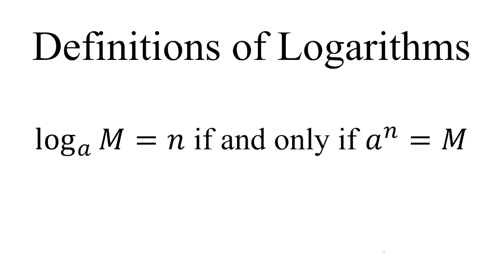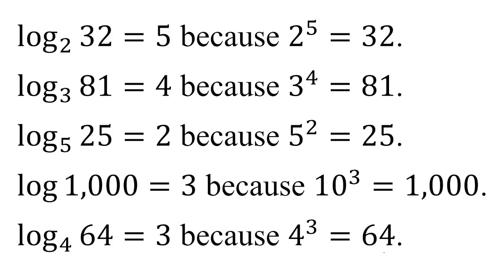So to further illustrate the definition of a logarithm, log base 2 of 32 is 5 because 2 to the 5th power is 32. Log base 3 of 81 is 4 because 3 to the 4th power is 81.